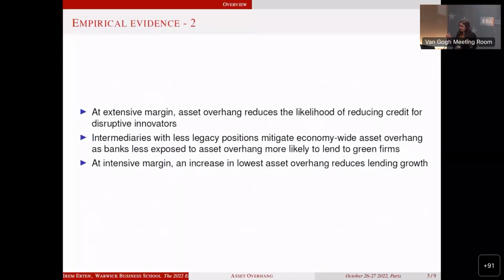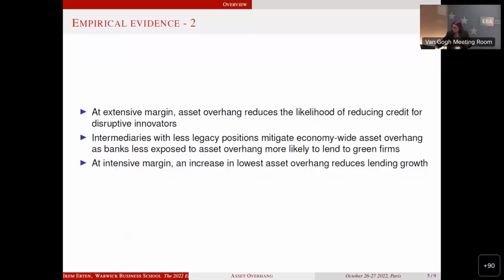They find that at extensive margin, this asset overhang problem reduces the likelihood of financing these disruptive innovators. So there is a rationing problem that these negative externalities will generate. And that, I think, is very plausible and can be one of the biggest challenges of incorporating climate change into the lending decisions of the bank.